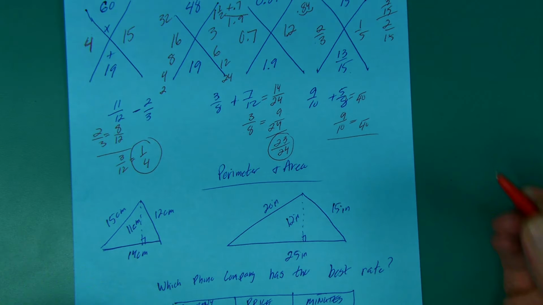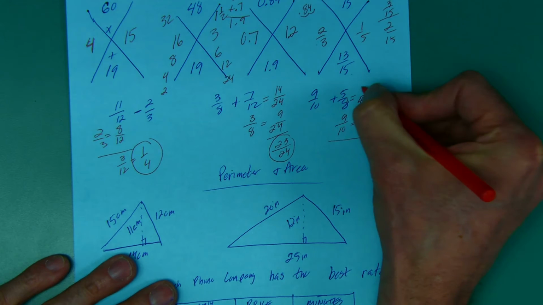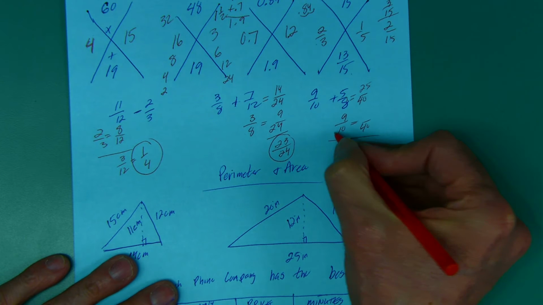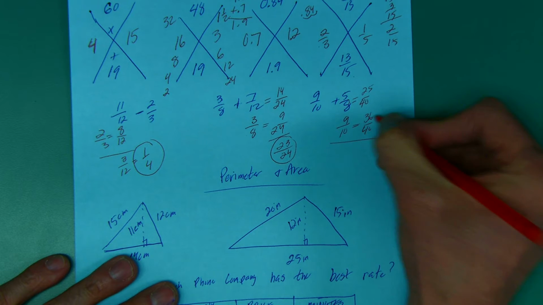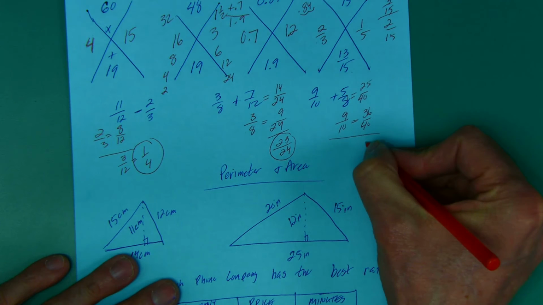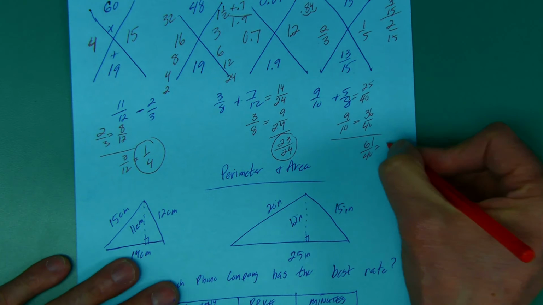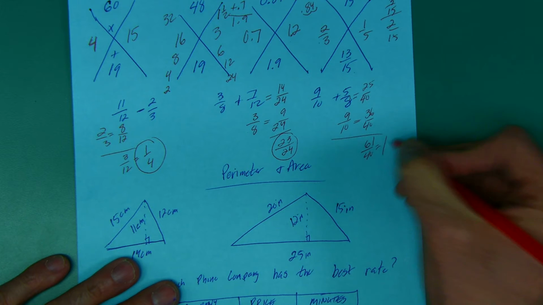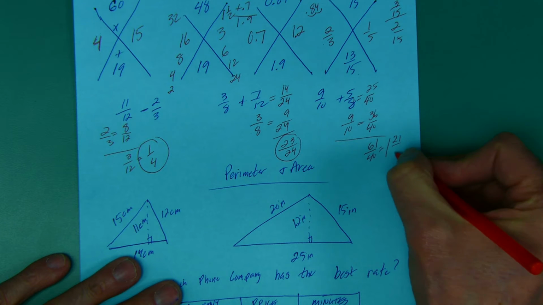But again, I think it's a little easier when you get a smaller number. 8 times 5 is 40. 5 times 5 is 25. 10 times 4 is 40. 9 times 4 is 36. Now, when I add these, I end up getting 61 40ths, which is one whole, 40 40ths. And after I use 40 of those 61, I have 21 left over.